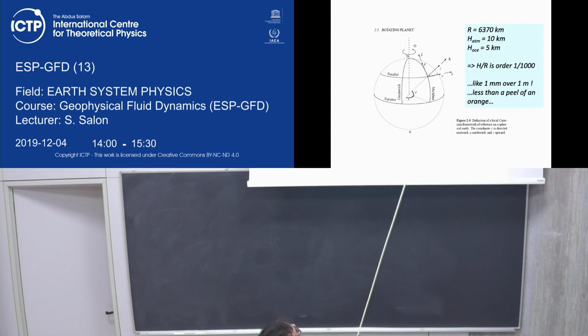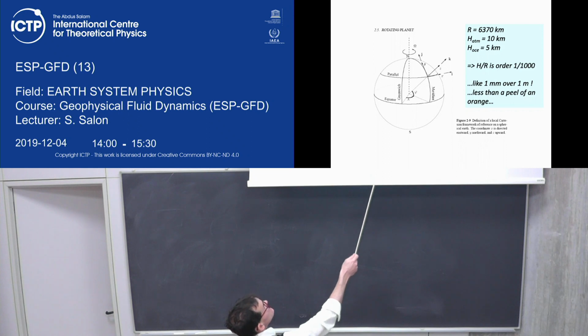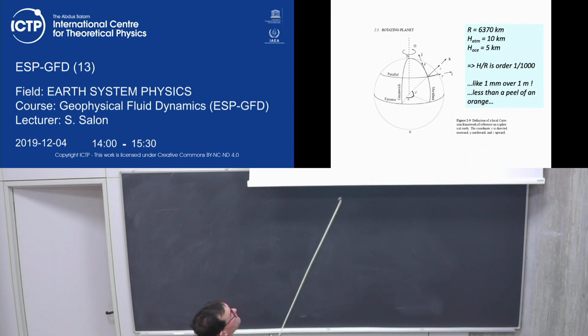So maybe you already know that we want to consider the frame of reference of a specific point over the surface of the Earth, where we have the x-axis directed eastward, the y-axis directed northward, and the z-axis, which is parallel to the radius, so from the ground to the top, perpendicular.